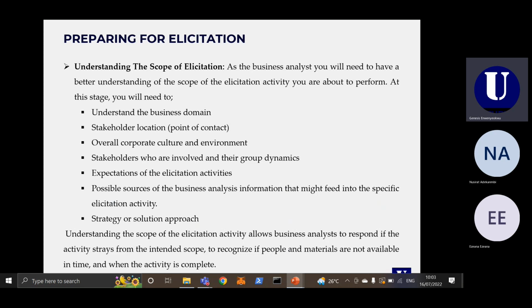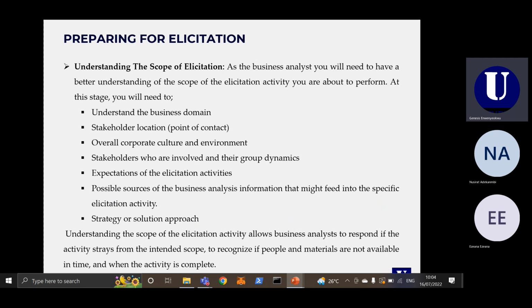So understanding the expectation of the elicitation activity. You should know that the elicitation activity is for you to get an understanding of the business need, the business process, the risks, the assumptions, and whether there are other conditions affecting that particular initiative. Also, possible sources of business analysis information that might feed into the elicitation activity, and then the strategy or solution approach.